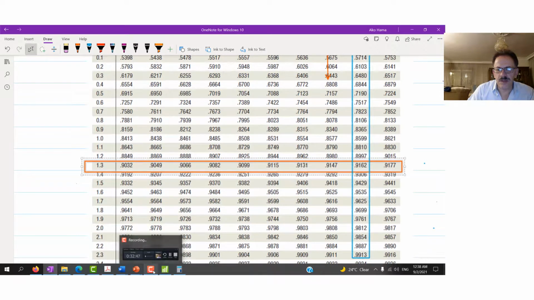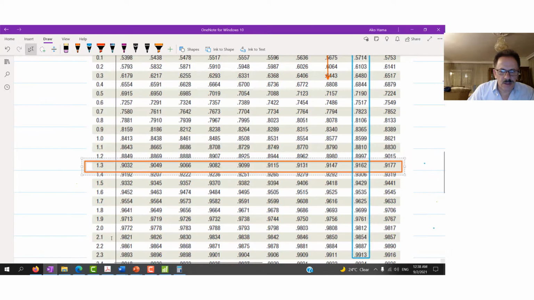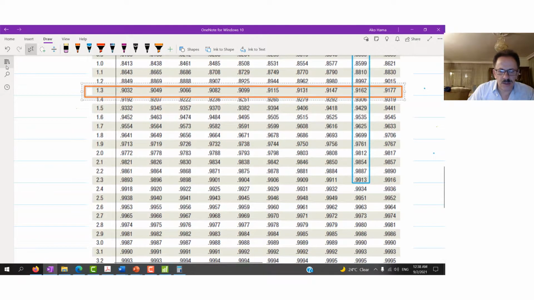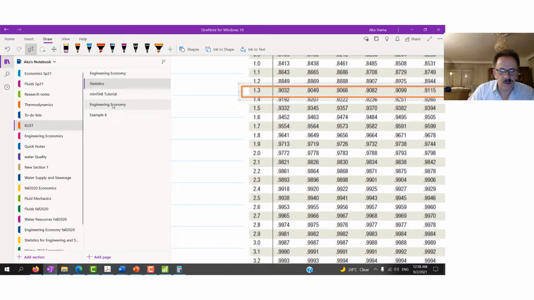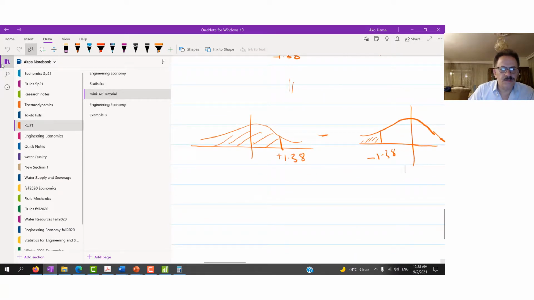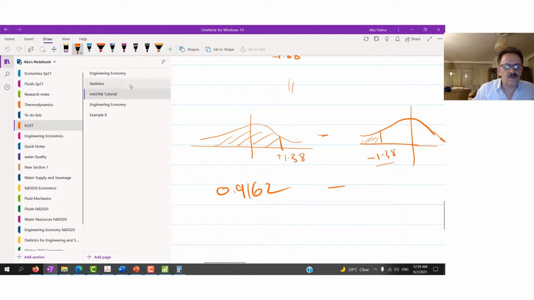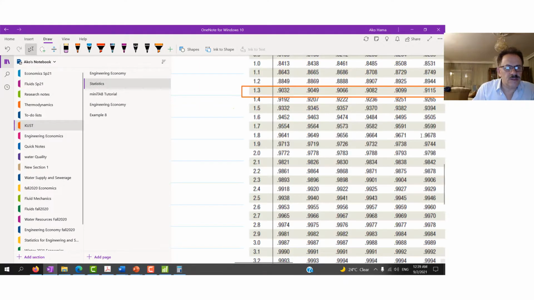So it's 0.9162, minus the area which is to the left of minus 1.38.